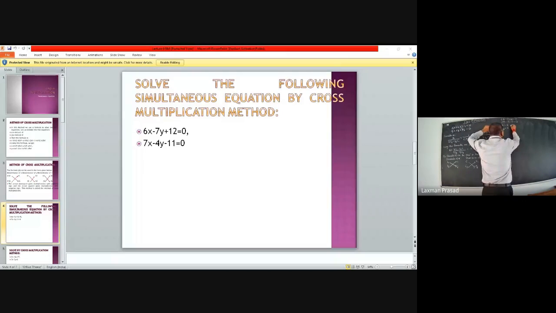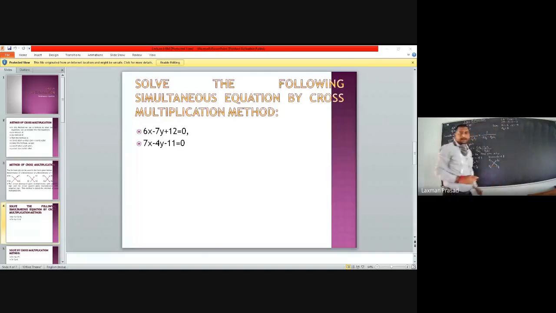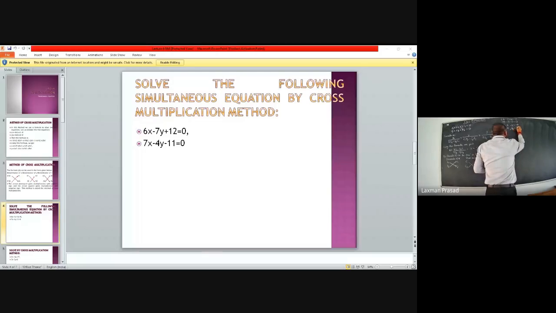Then the value of b1 equals minus 7, in the first equation in front of y. In the same way, in the second equation, the value of b2 equals minus 4. And c1 equals 12 and c2 equals minus 11. Okay?